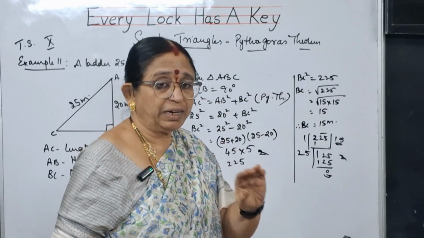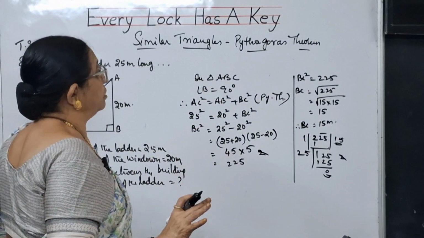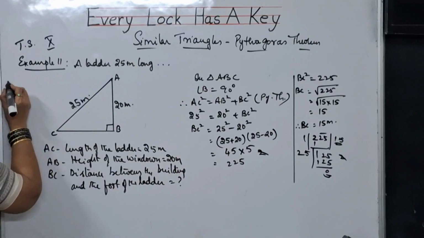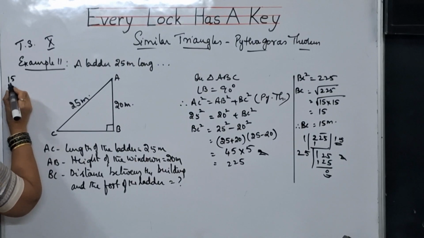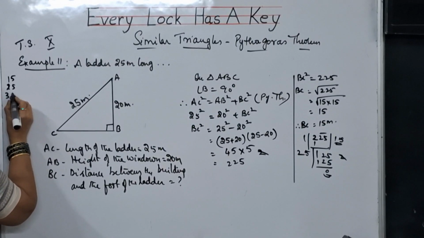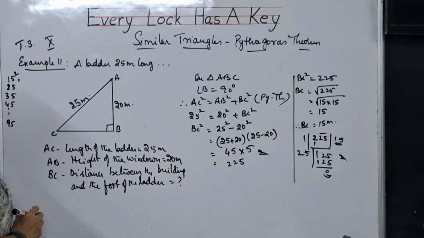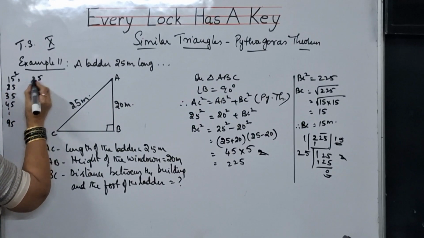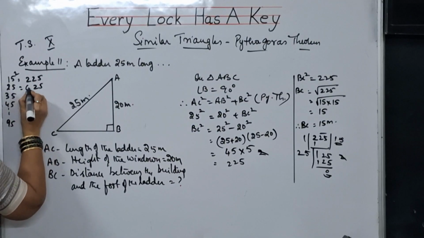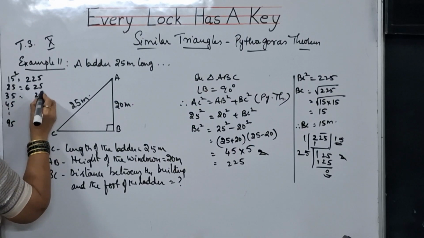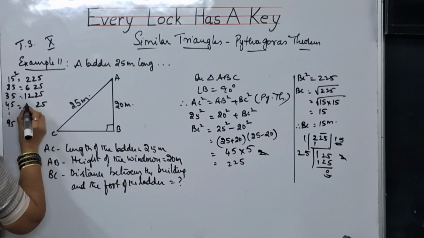Whenever you have numbers like this, with 5 in the units place, like 15, 25, 35, 45, and so on, if you go till 95, these are the squares you will get. 5 fives are 25, 1 into 2 is 2, so 225. 5 fives are 25, next 2 threes are 6, so 625. 5 fives are 25, after 3 comes 4, 3 fours are 12, so 1225. 5 fives are 25, after 4 comes 5, 4 fives are 20.